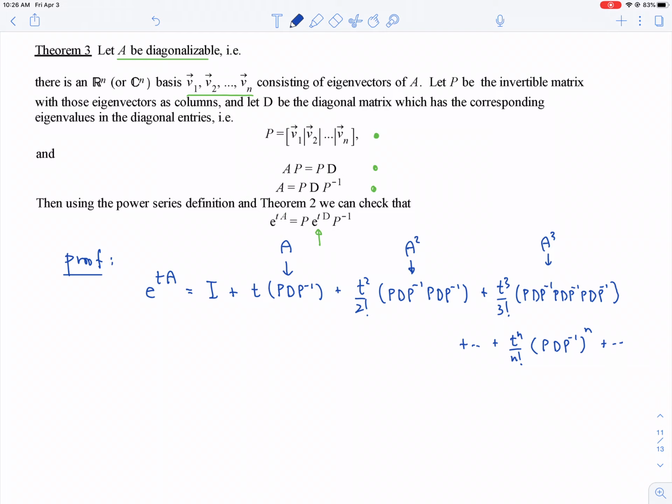Now, you've probably seen this sort of telescoping behavior in linear algebra. In these products of P D P inverse, the interior P inverse P's all multiply to be the identity. And so you can just kind of erase them from your expansion.